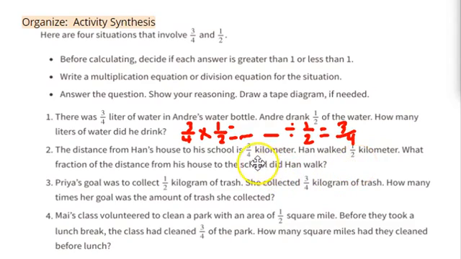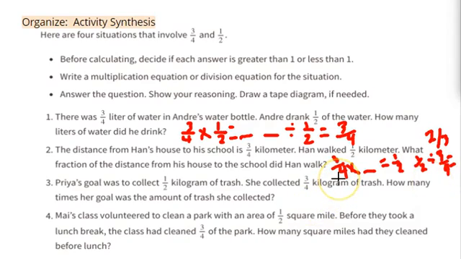So since we're going from a bigger to a smaller, if we think of it as multiplication, we're going to do 3/4 times something gets us that 1/2 mile. Or we can think of it as 1/2 mile divided by 3/4 of a mile to tell us the fraction that he went. And our answer here should have been 2/3.